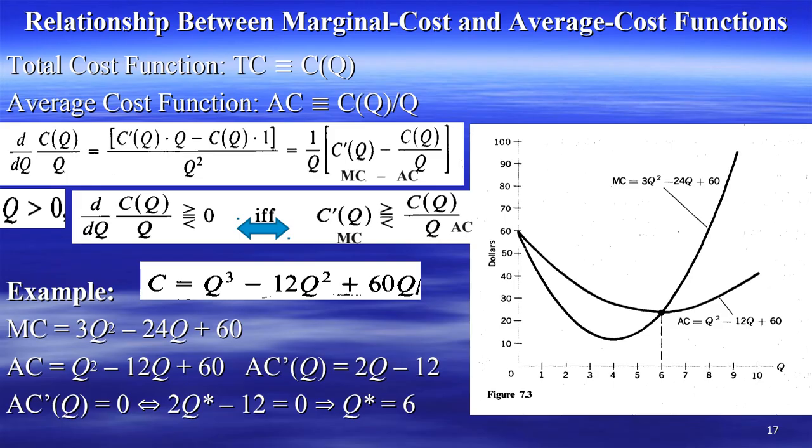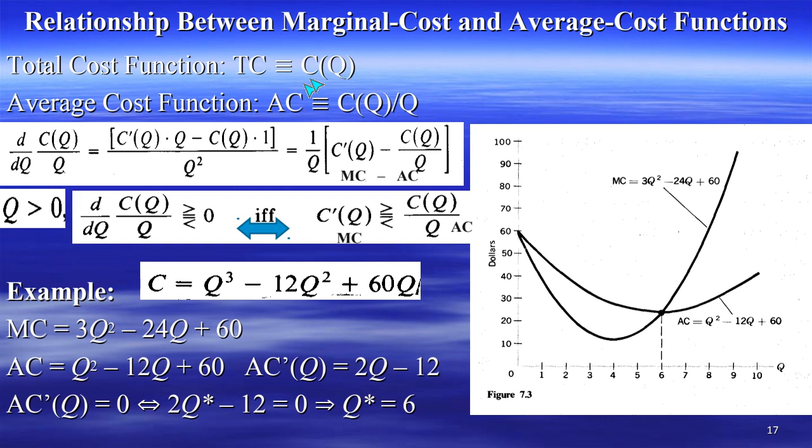All right, so I have in hand all these formulae, I can use them. And a last economic example, the relationship between marginal cost and average cost functions. The same as before, but this time with cost functions instead of revenue functions, and with the division formula instead of the product formula, but the logic is the same. So the total cost function, TC, is equal to C of Q. It is a function of the quantity produced and sold.